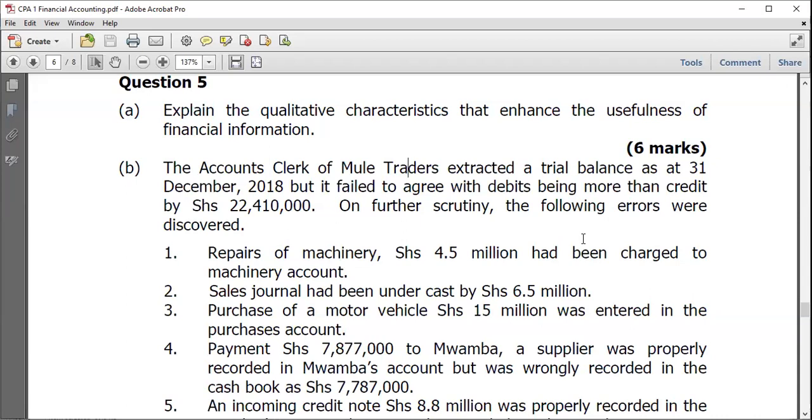So the first question here, part A, says, explain the qualitative statistics that enhance the usefulness of financial information. Now, you must be knowing this, especially if you've been following the classes. This was one of the things that we talked about in the first classes.